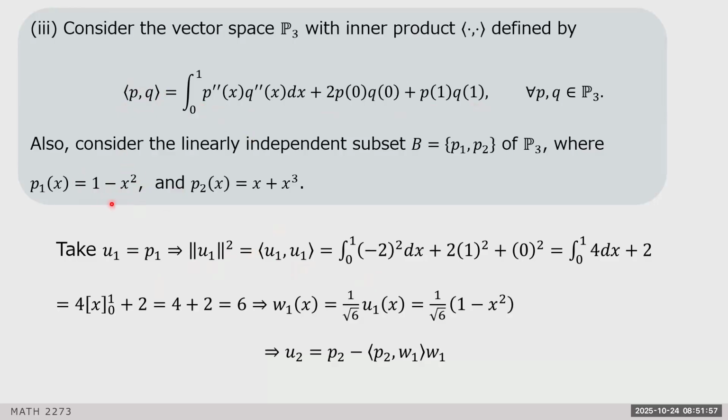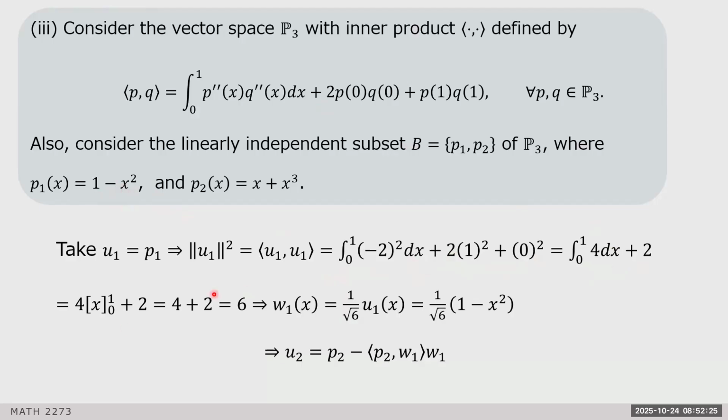So what is the second derivative of P1? The first derivative is minus 2x, and the second derivative is minus 2. So minus 2 squared, plus, if you evaluate P at 0, you get 1, so 1 squared, plus, if you evaluate P at 1, you get 0, so 0 squared. So this is just the integral of 4 plus 2.